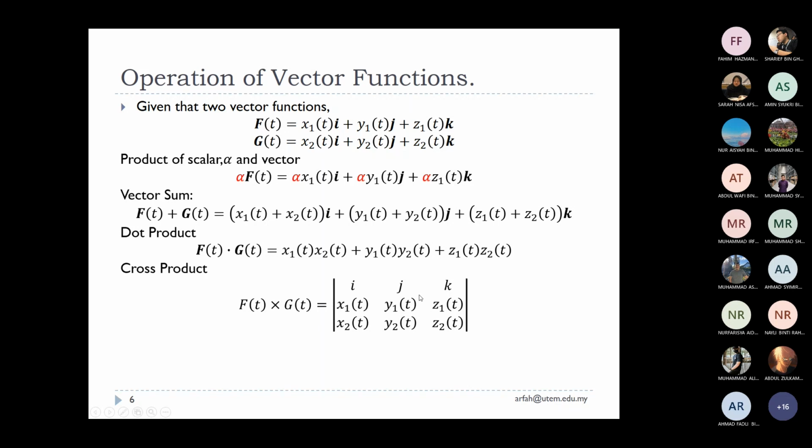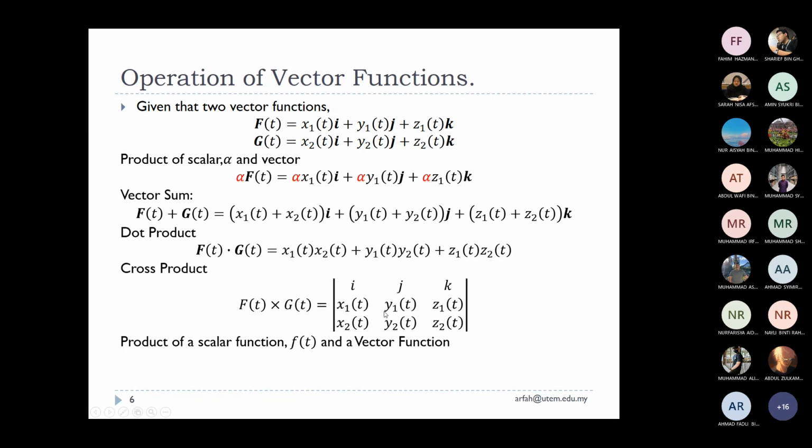And then for the j component, you will close the column of j, and we will do the multiplication for the column of i and column of k, the vector component. And for the k component, if you want to find the cross product, you close the k column and then find the multiplication of i and j. Okay, then you will have the result of the cross product for the vector function.